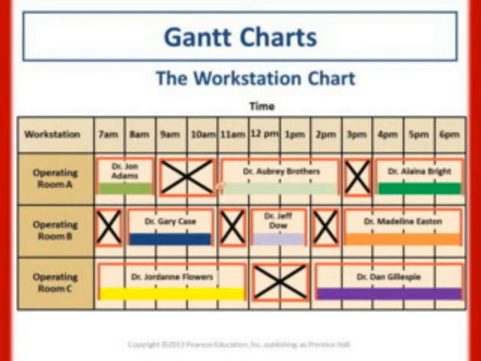And here we have a Gantt chart. You were creating Gantt charts for the problem where you used Johnson's algorithm. You were asked to develop some Gantt charts. In this case, we have the Gantt chart for an operating room.